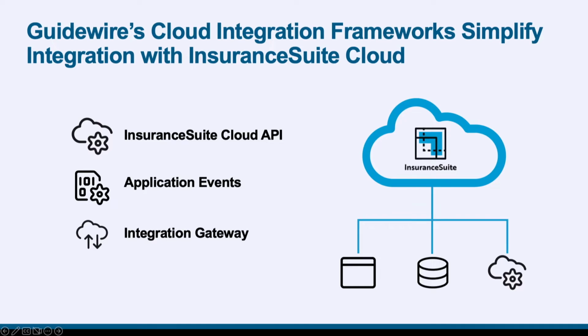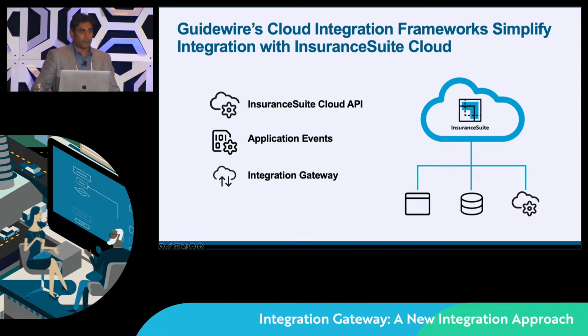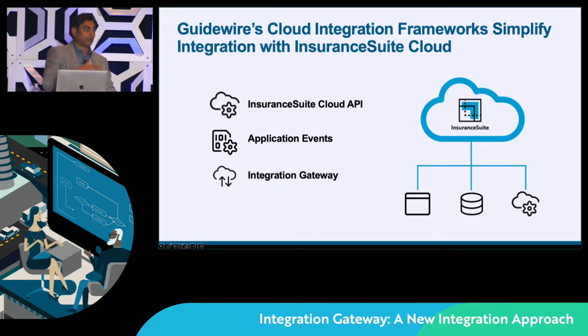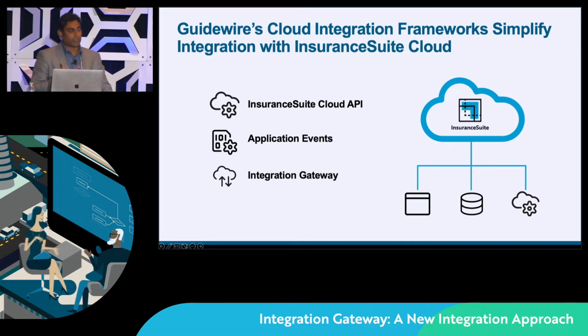Let's zoom into Cloud Integration Framework and what the capabilities are. It has three key capabilities. One is the Insurance Cloud API. This is a standard inbound REST API to integrate into InsuranceSuite to access its data, functions, and capabilities. It's been there since the launch of GWCP, so anybody working with GWCP has likely worked with the API in some capacity.